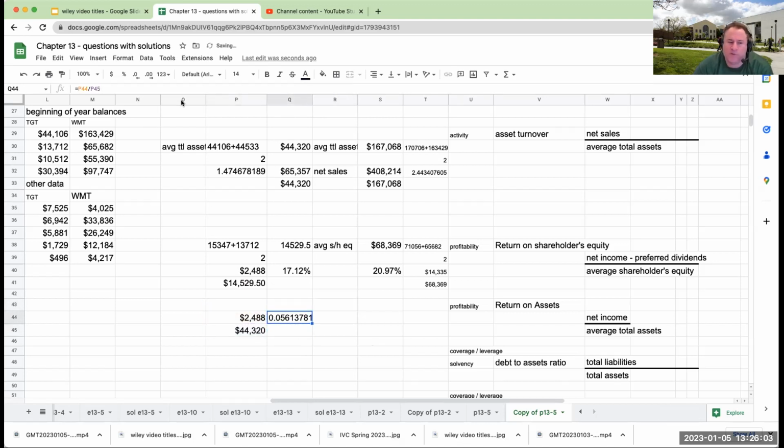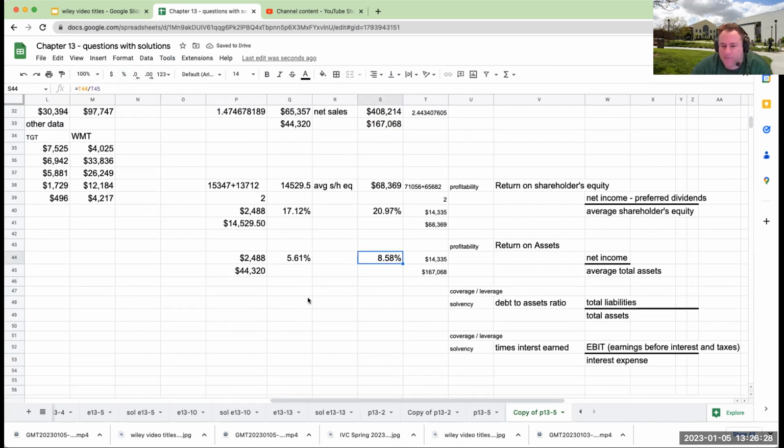So over here, my return on assets is around 5.61%. Over here for Walmart, my net income is 14,335. My average total assets are 167.88. And so this is about 8%.